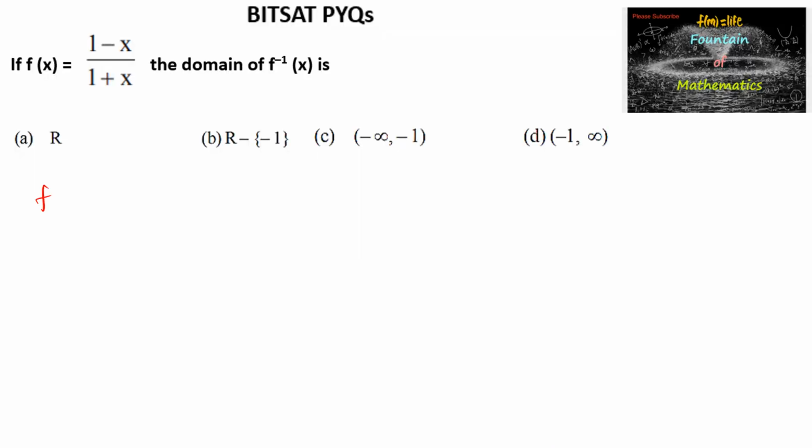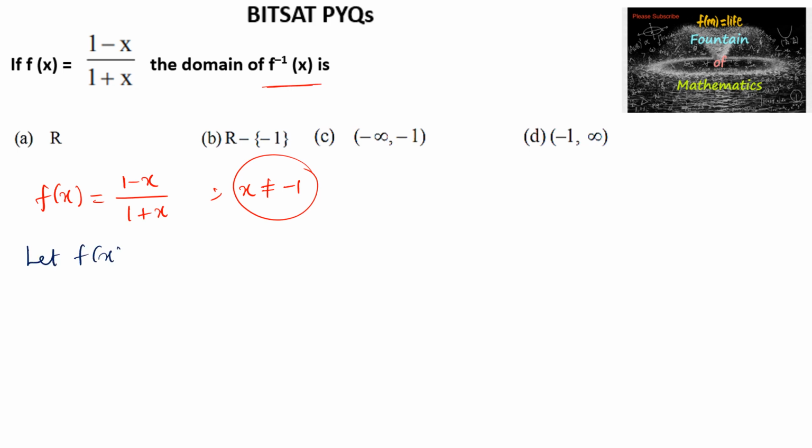Given function f of x is equal to (1 minus x) upon (1 plus x), and this function is defined for x not equal to minus 1. Now we need to find the domain of the f inverse function. So let us consider f of x is equal to y, which implies (1 minus x) upon (1 plus x) is equal to y.